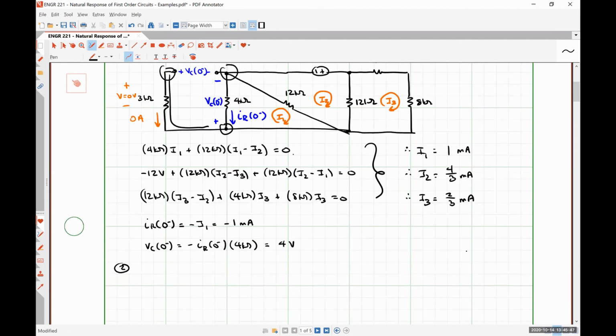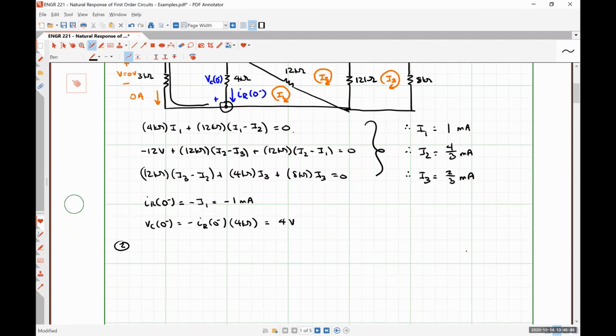All right, so the second step is to analyze the circuit at t equal to 0 plus. This is the instant in time immediately after our switch changes positions.